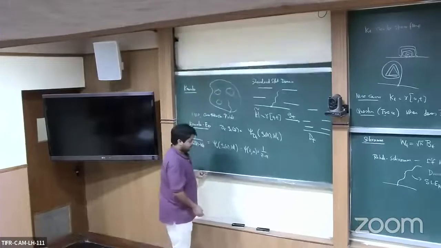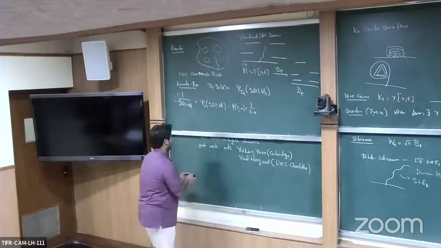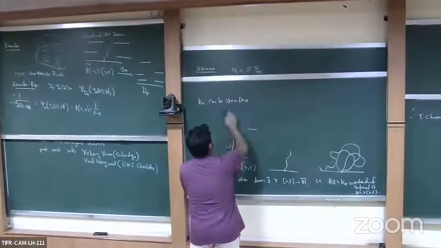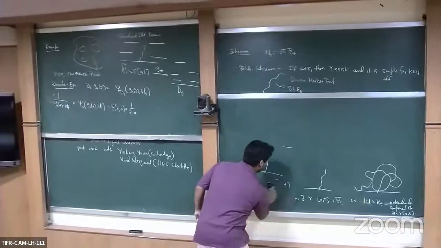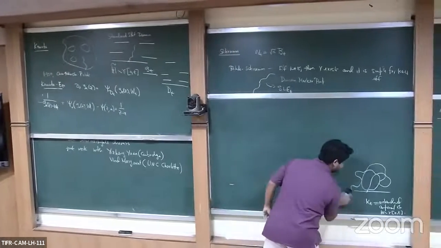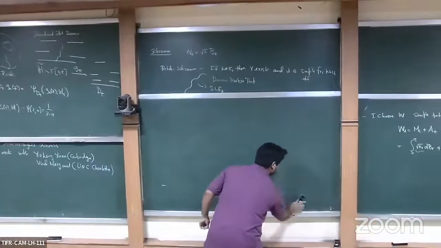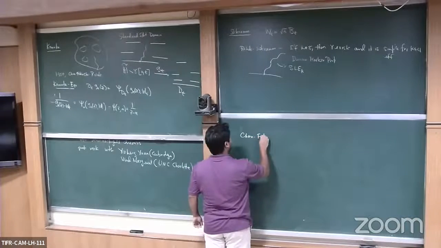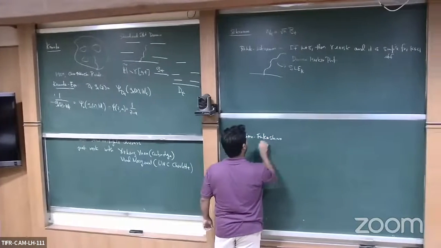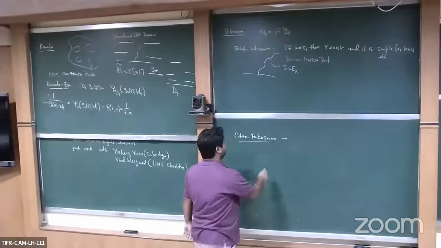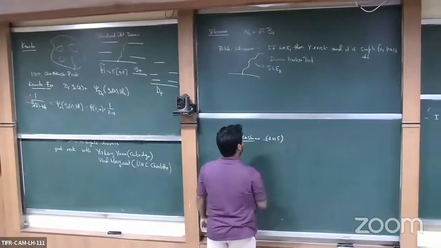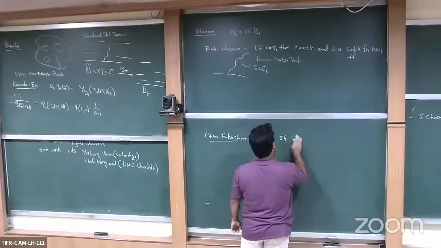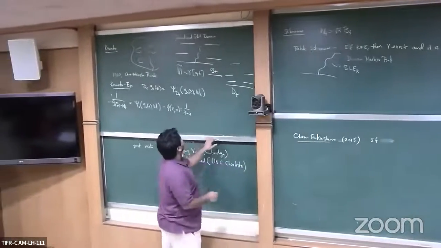And this was established in the work of Chen and Fukushima in 2015. It said that if gamma has no, so to begin with, I don't really know.